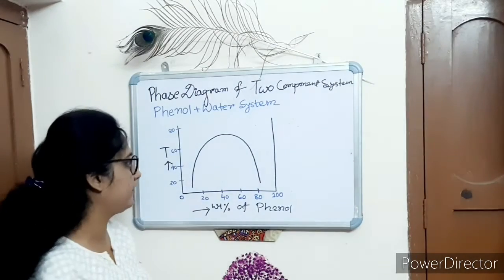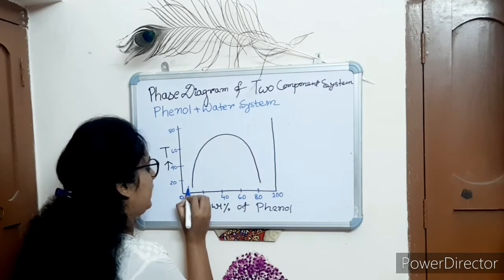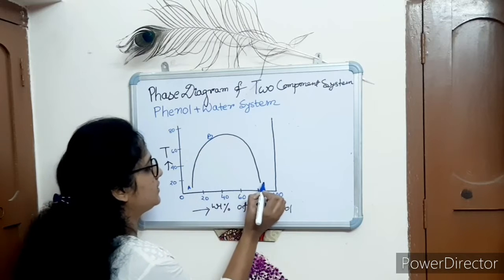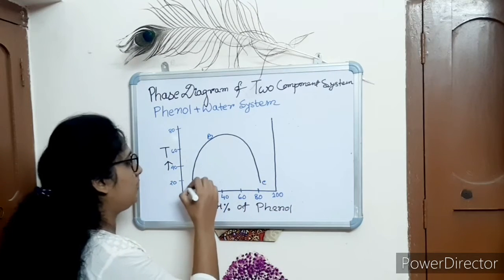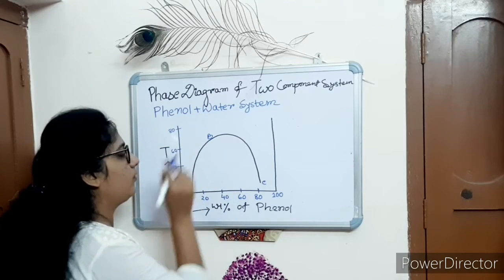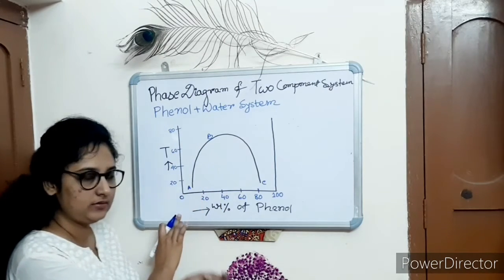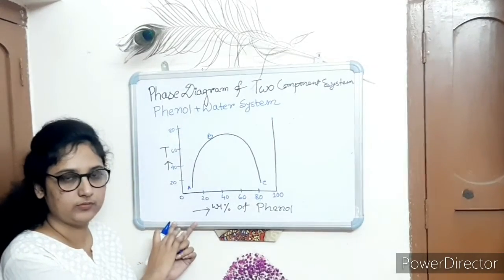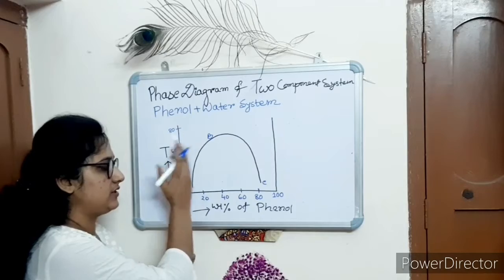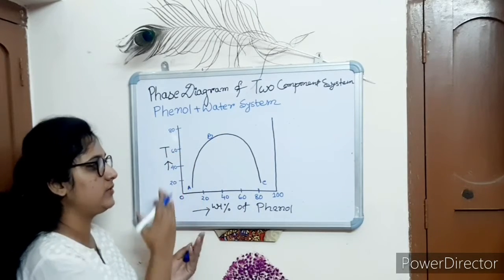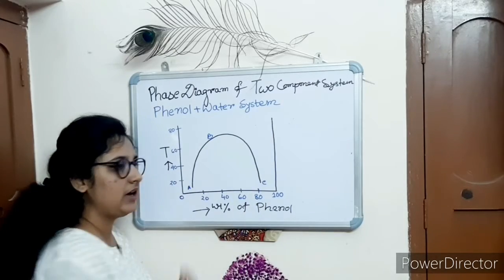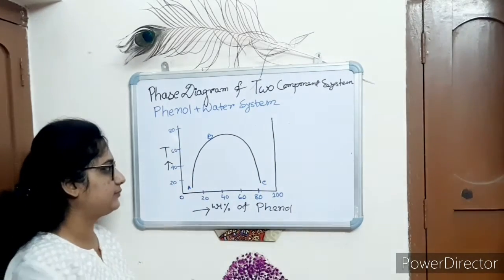In the diagram there are points A, B and C. Now this AB line is the water rich portion, as here the phenol composition is 0, phenol percent is 0. So the left part of this phase diagram is the water rich system, and this part is the phenol rich system, you can say.